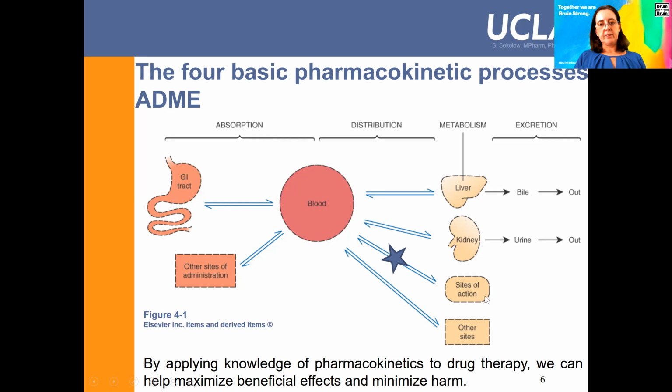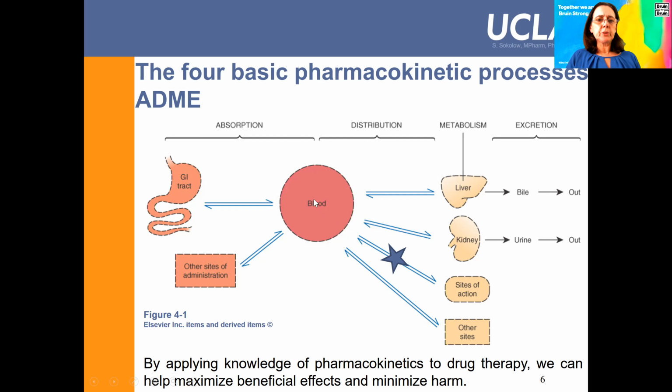Some are going to bind the site of action, release, and then reach the liver to be metabolized and the kidney to be excreted. Some can also be excreted in the bile, but the most common route of excretion for most of the drugs is through the kidney.